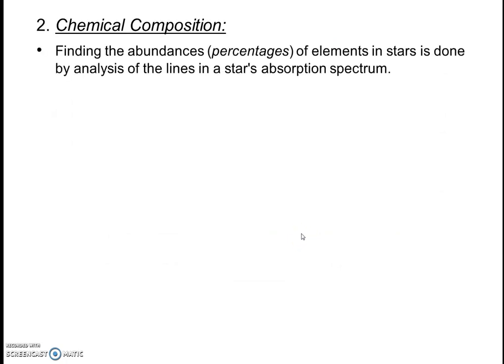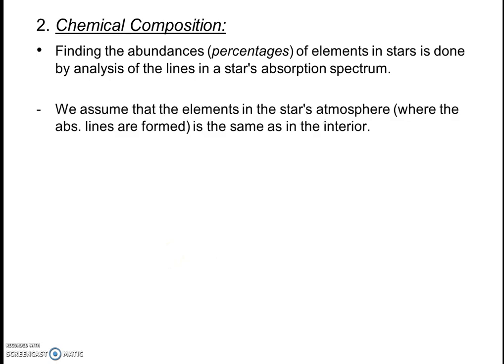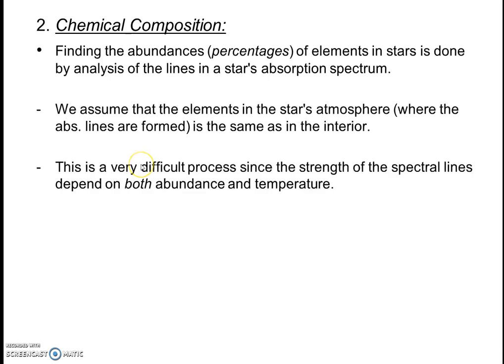Okay, so we're not really going to talk very much about chemical composition because basically it's so complicated, it's well beyond the level of this course. All we're going to say is that it's done by the analysis of these dark spectral lines that we just saw. We assume that the elements in the star's atmosphere, which is where those absorption lines are formed, are the same as the interior, because a star is made 100% of gas, and mostly ionized gas at that.